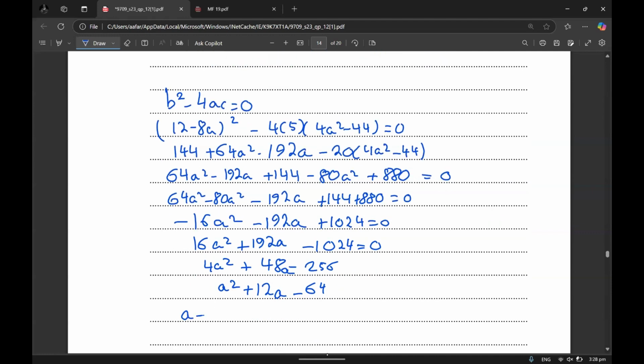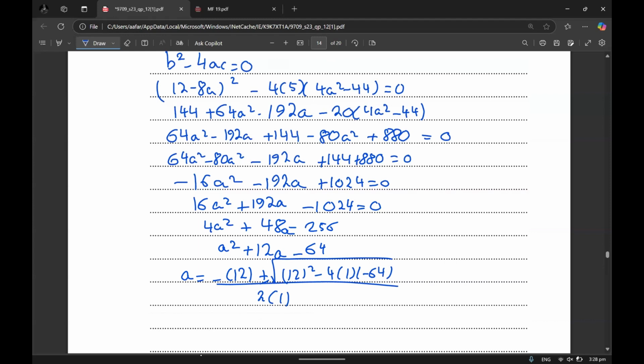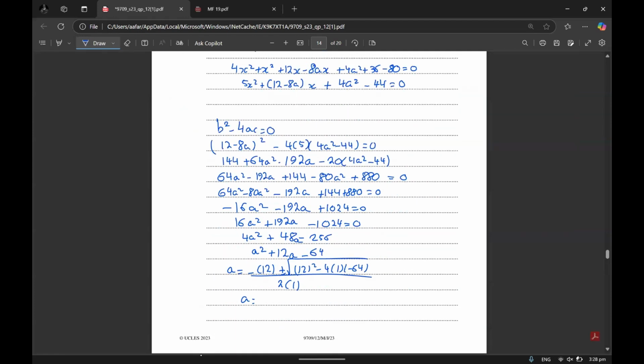So a we get is basically minus b plus minus root of b square... So a is 4 and the other value of a is negative 16.